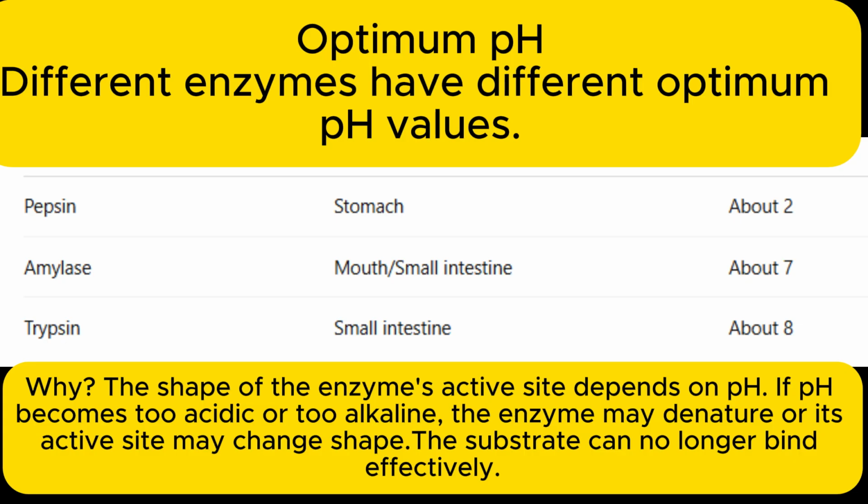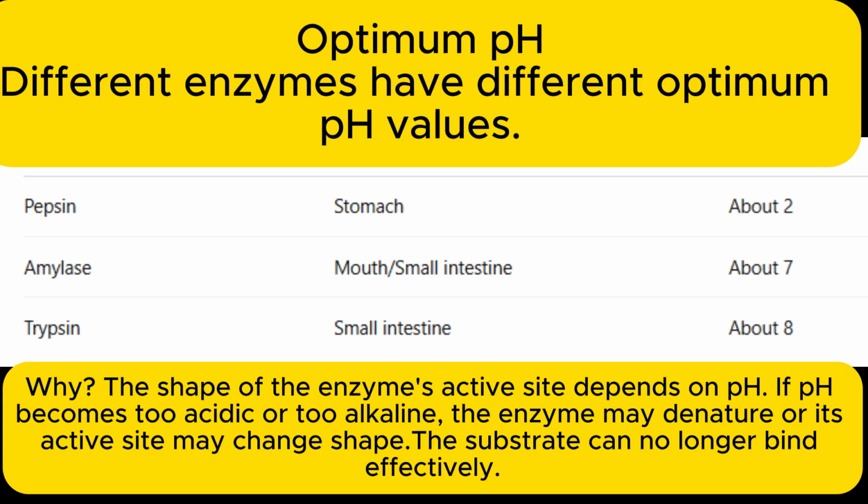Now let's discuss some of the terms for IGCSE. Active site: the region of an enzyme where the substrate binds. Substrate: the molecule upon which the enzyme acts. Enzyme-substrate complex: the temporary complex formed when a substrate binds to an enzyme.